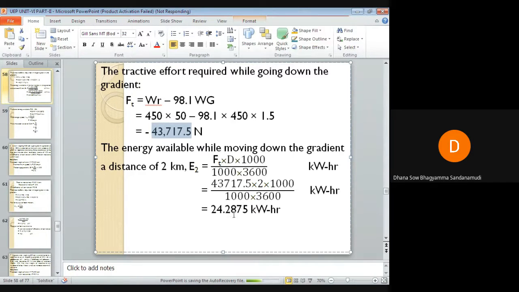Simplify it and you will get 24.2875 kilowatt hour. This is the energy available while moving down the gradient. We have already calculated the energy available due to the reduction in speed, and now we have calculated the energy available while moving down the gradient.